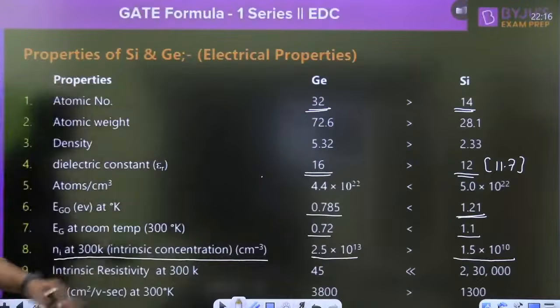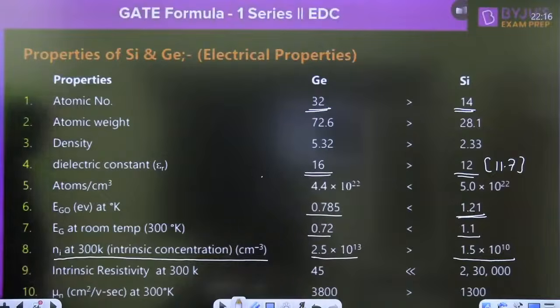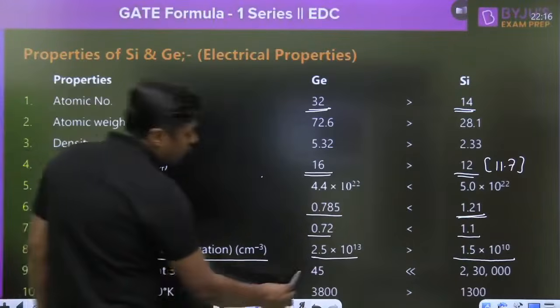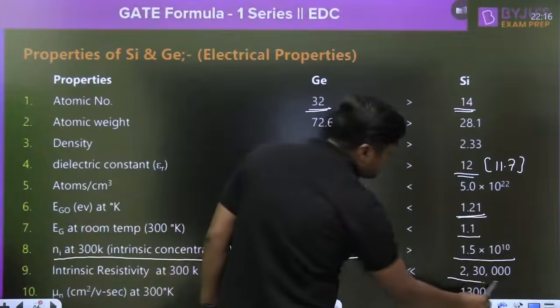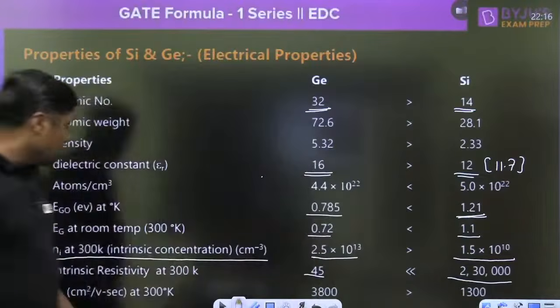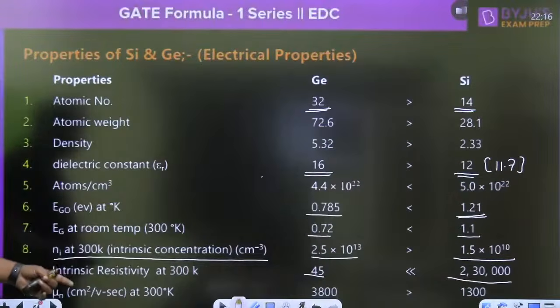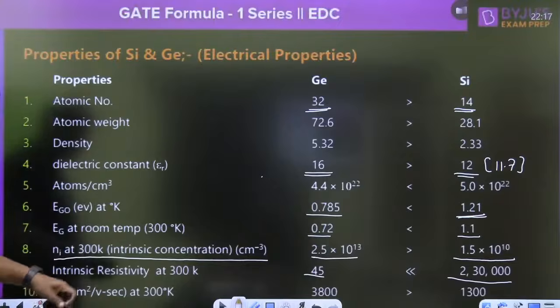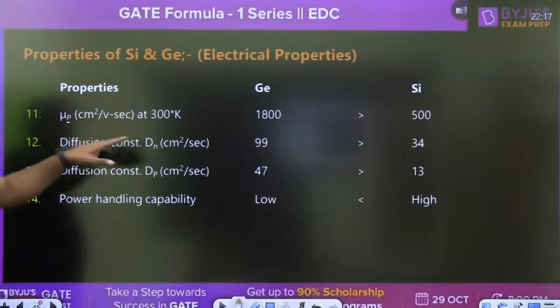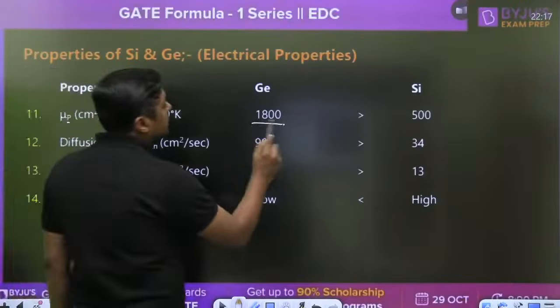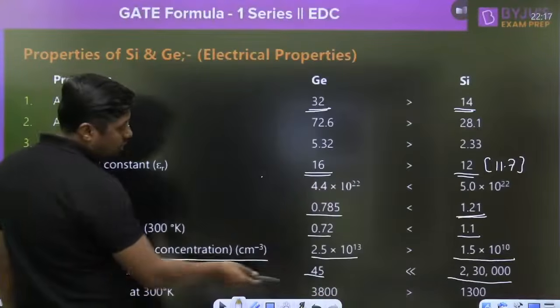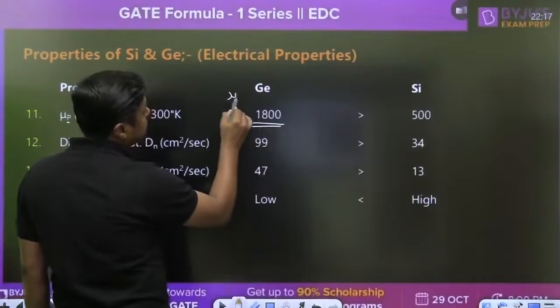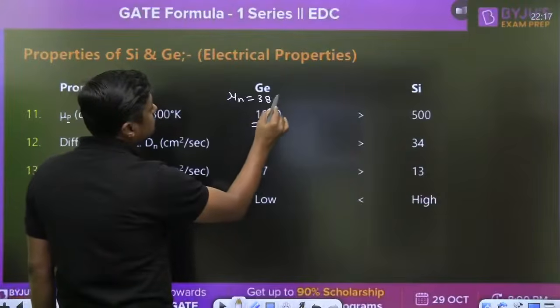And again, intrinsic resistivity is normally given in the question. For germanium, resistivity is very small. For silicon, intrinsic resistivity is very, very high. Mobility, always remember, this is for germanium 3800, 1800. Mobility of electron is greater than what? Mobility of holes. Watch this. What is the mobility of holes? 1800. What was the mobility of electron? 3800 for germanium.